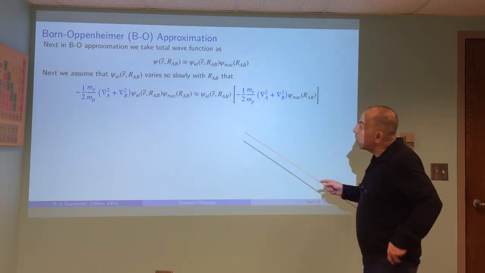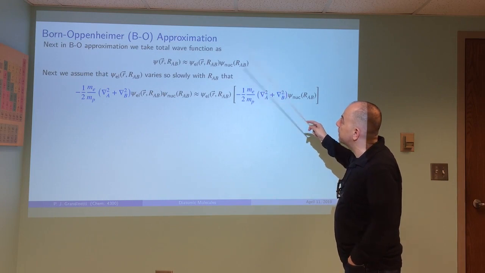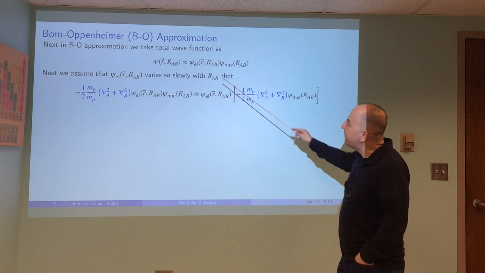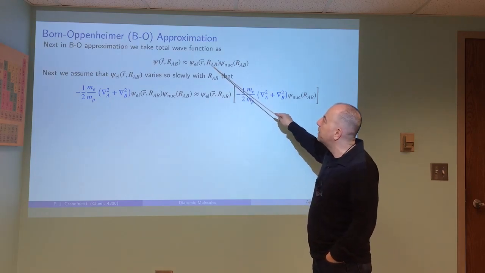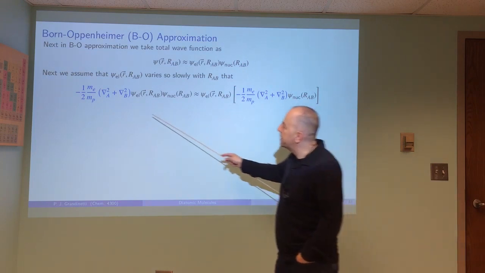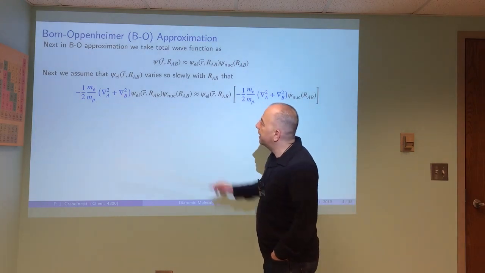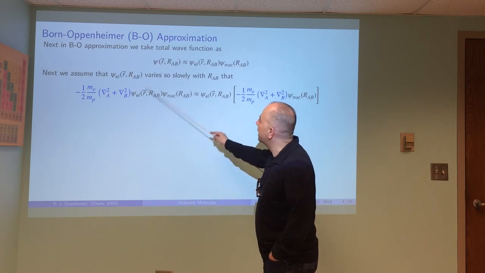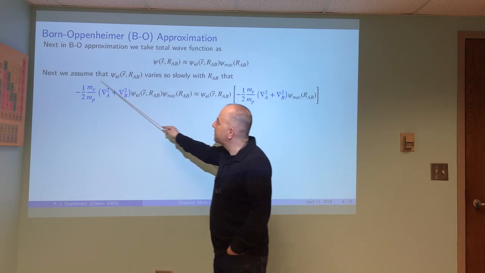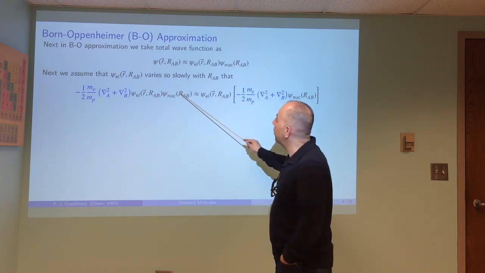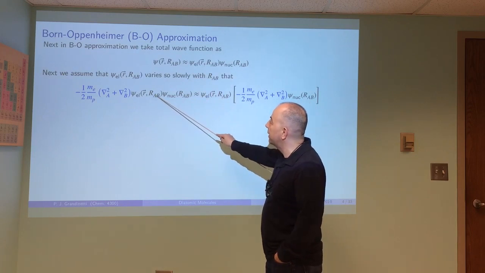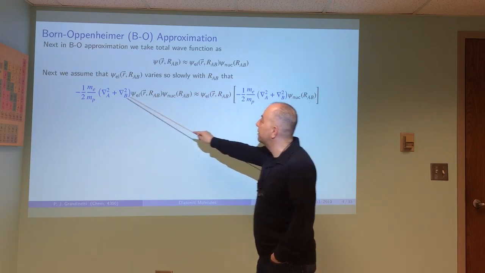One of the things going on is if we assume that the electrons are moving really slowly, even though the electron wave function depends upon the distance between the nuclei, we can assume that when this term in our Hamiltonian gets applied onto the total wave function, it slides right through, and we only operate on that part. You might think, wait a minute, that depends on the internuclear distance, so shouldn't this operator apply onto that?